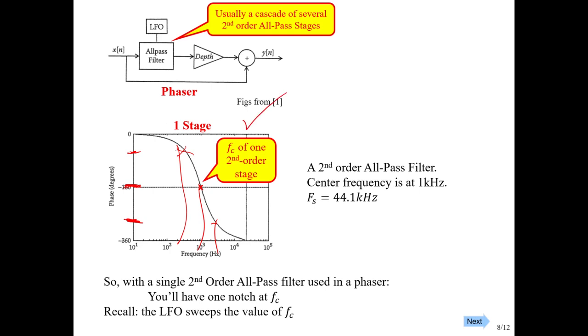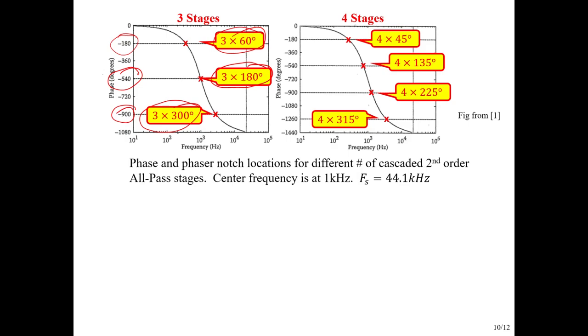Okay, so again, those change as the LFO changes the FC. So I'm just showing at a fixed, nominal value for the LFO. Maybe this was where the LFO is set to 0, but it's going to sweep these things. So we'd have 3 notches, and they will change in position, and their spacing will change as well.